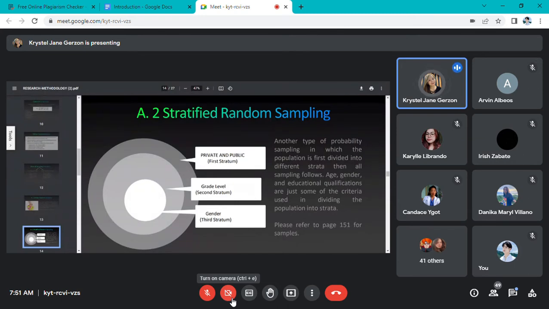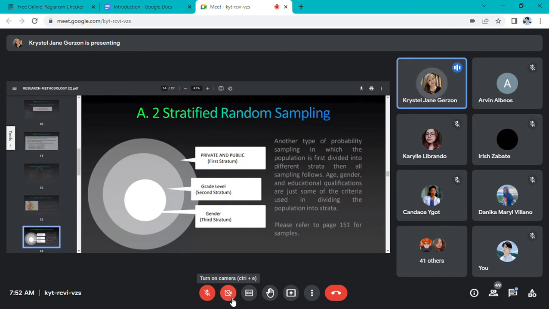After you group them according to a certain stratum, you can still divide them further, and then from there get a number of respondents. For example, you get a number per track. Let's say your target population is the whole University of Cebu Main Senior High School.